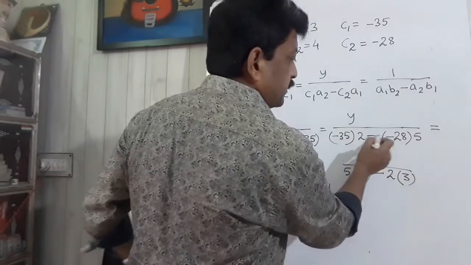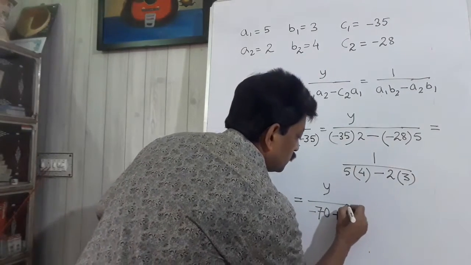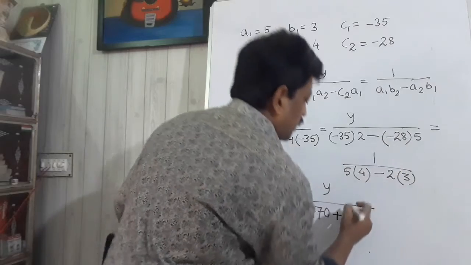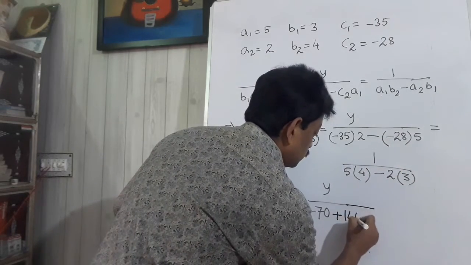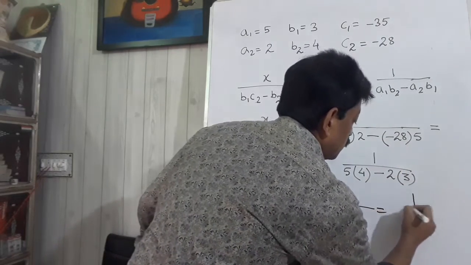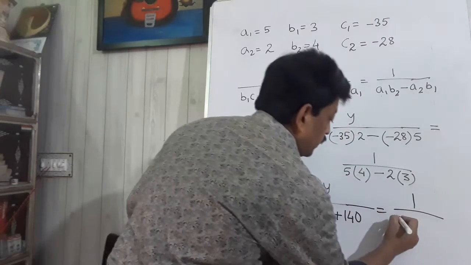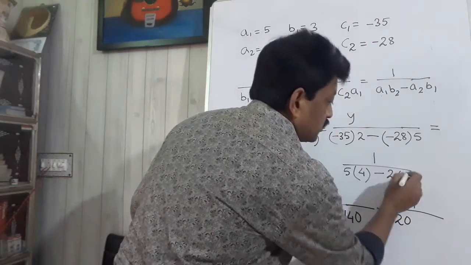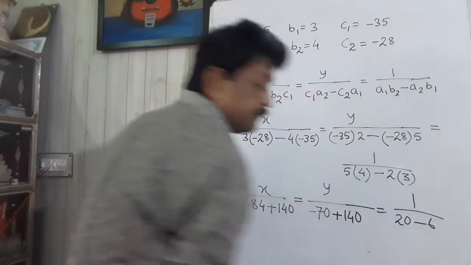Again minus and minus makes plus. 28 5s are 140, equals 5 4s are 20, minus 2 3s are 6.